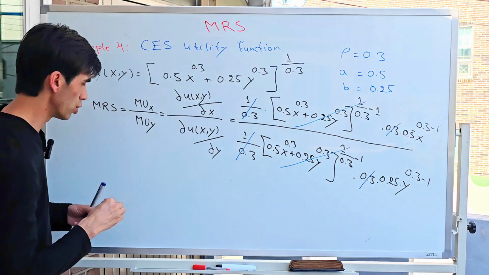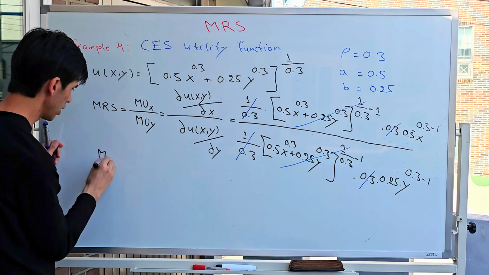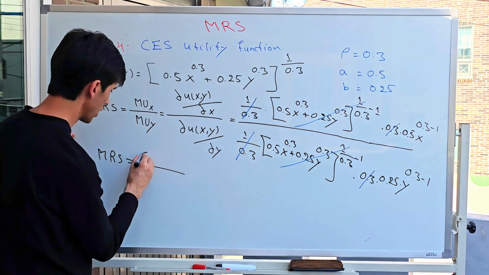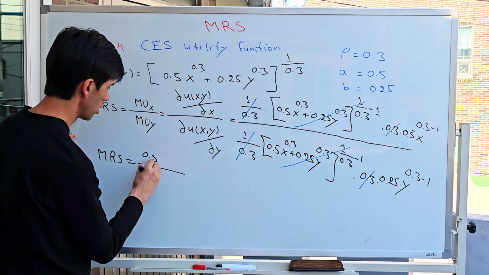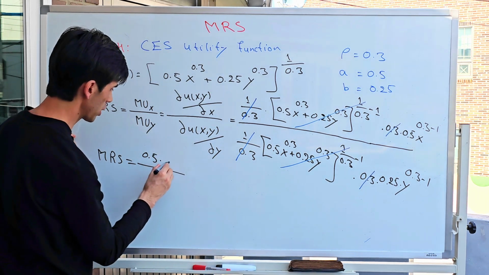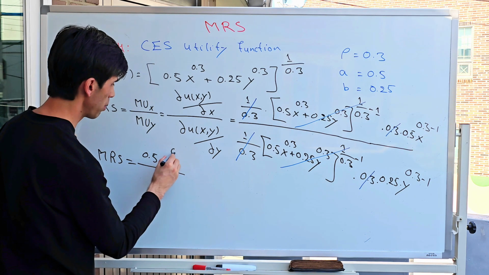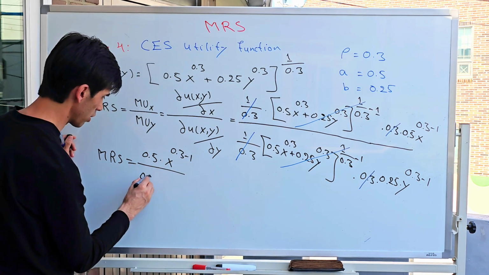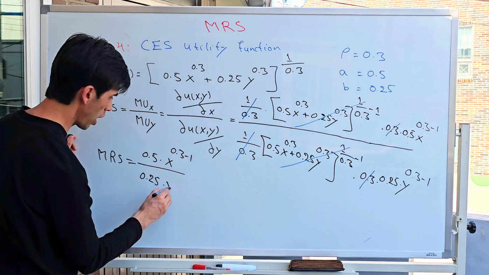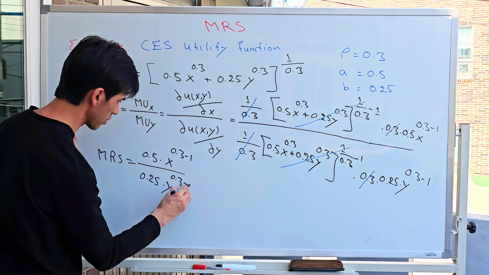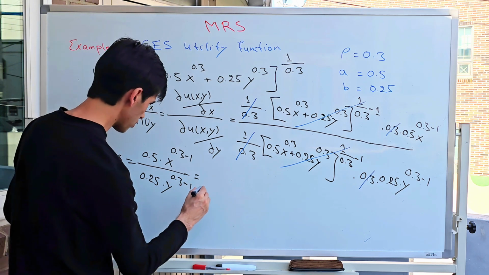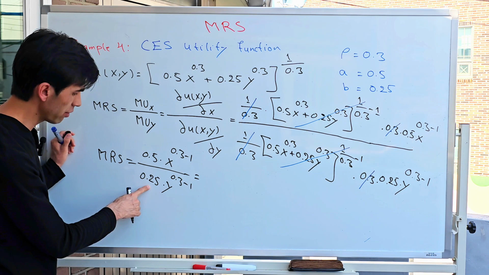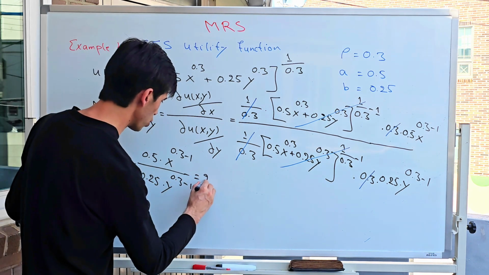So we move to the marginal rate of substitution, which is equal to 0.5 multiplied by x to the power of 0.3 minus 1, divided by 0.25 y to the power of 0.3 minus 1. So 0.5 divided by 0.25 is equal to 2.